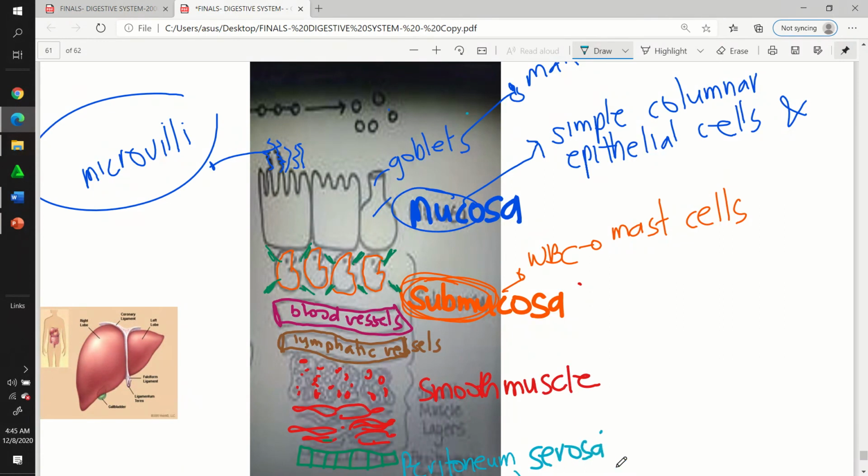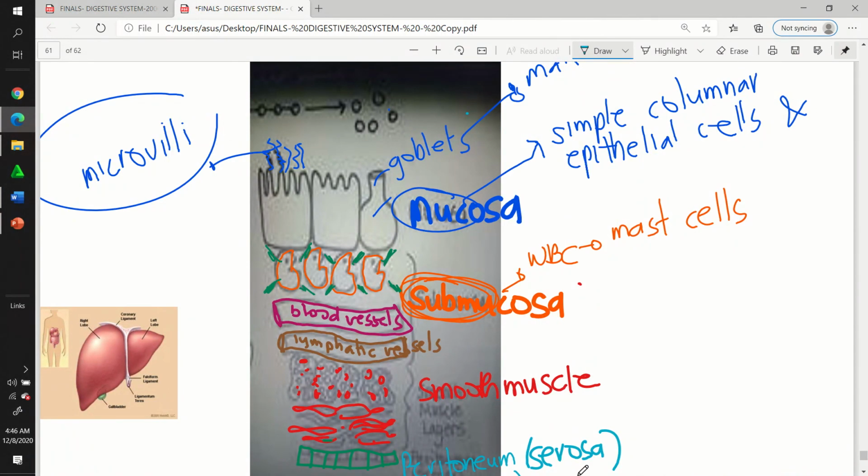So around the intestines, specialized epithelial cells make your serous fluid. That is your peritoneum. That is your serosa. So I'll repeat, there are four layers. We have your mucosa, your submucosa, your smooth muscle, and your peritoneum.